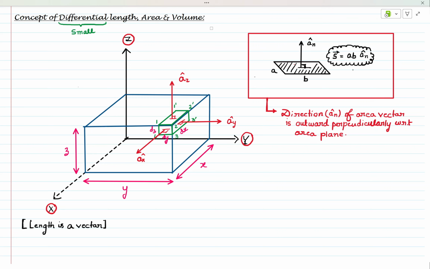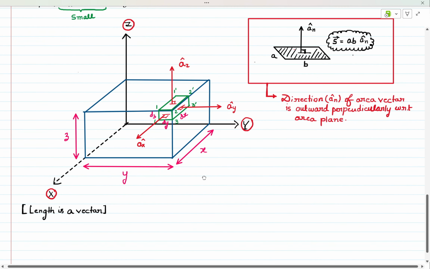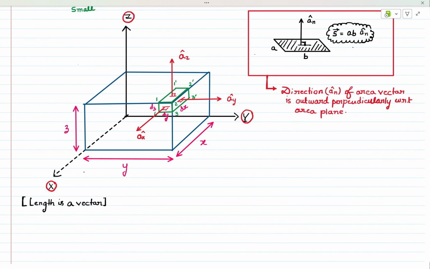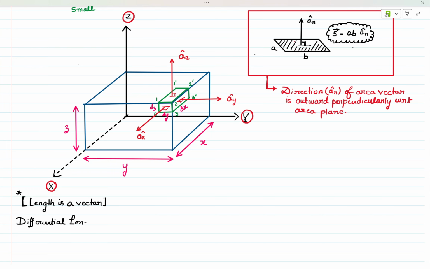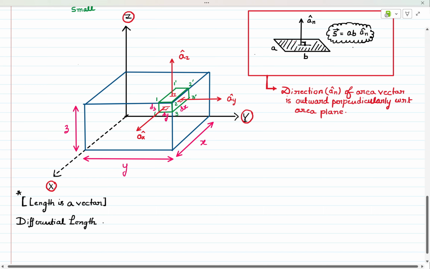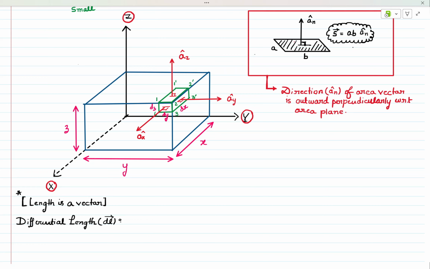Just a minute, I have to drag it a little bit so that I can get more space. Okay, so now I am talking about the differential length over here, and as the differential length is a vector quantity, I have given a bar over there.